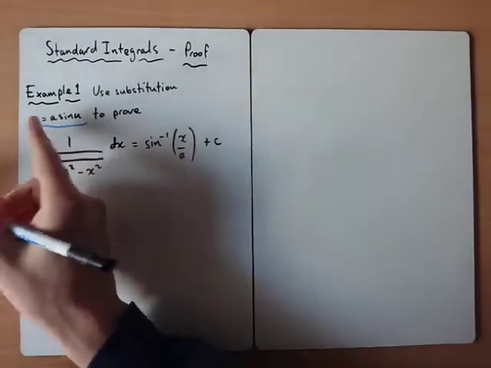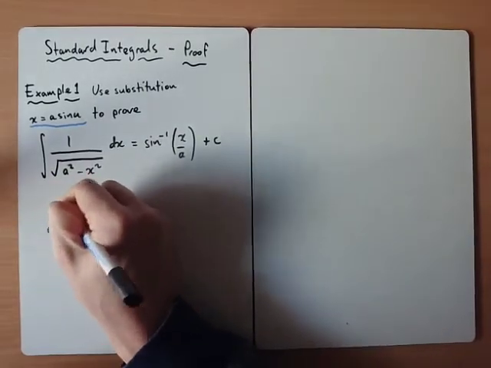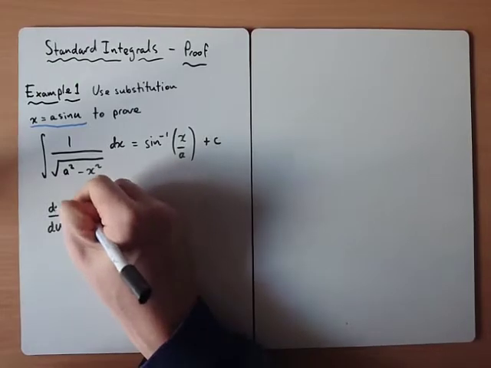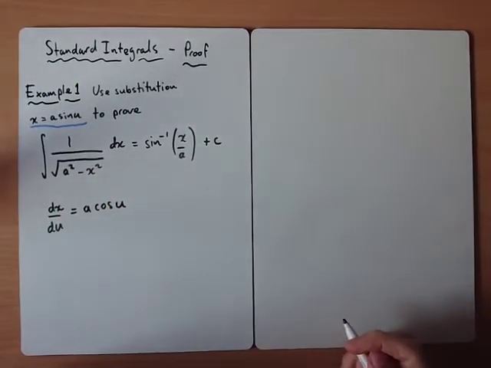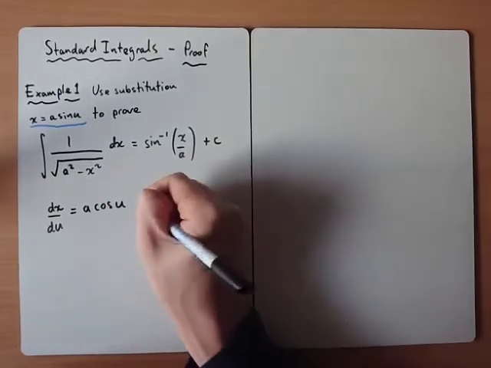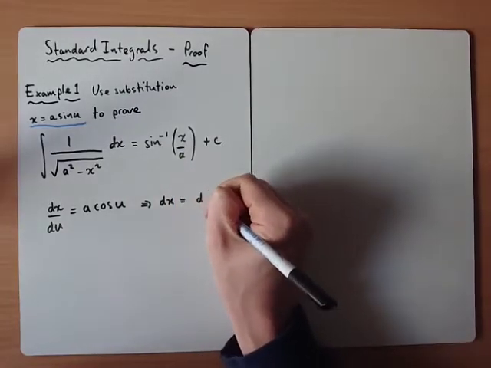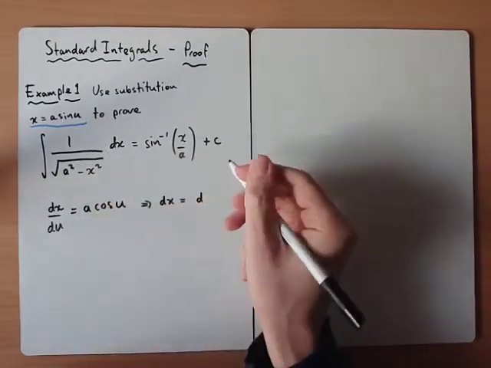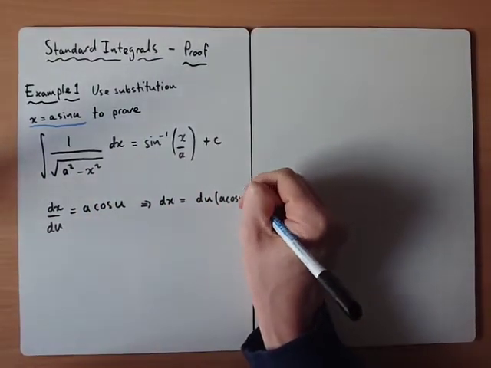Okay, so let's just follow the process, like dx by du. If we're saying x equals a sine u, dx by du would equal a cos u. Sorry, dx would equal a cos u times du.